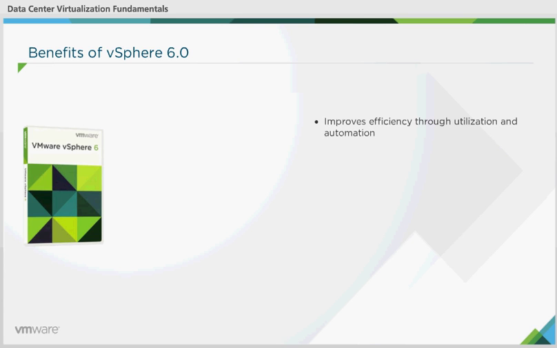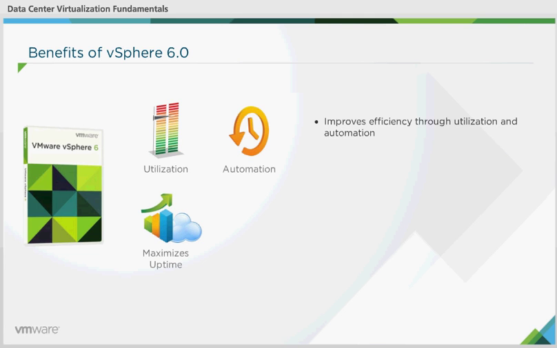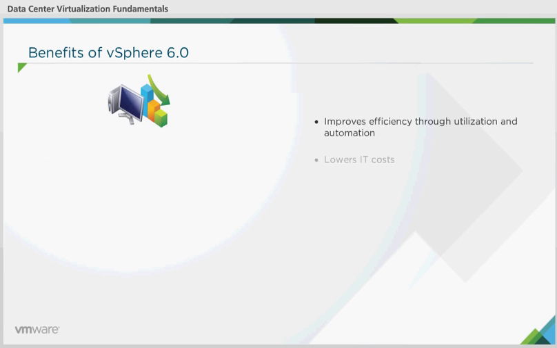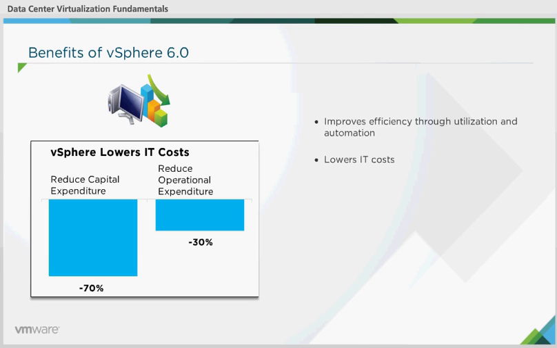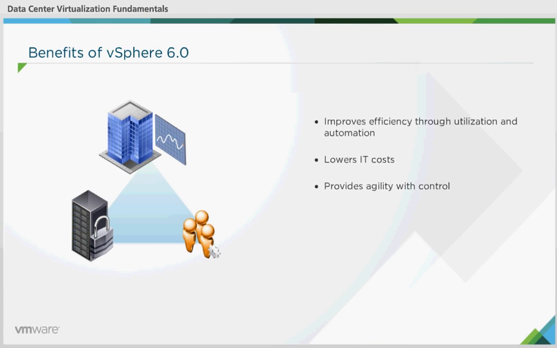vSphere 6.0 improves efficiency through utilization and automation, maximizes uptime across your cloud infrastructure, reduces unplanned downtime, and eliminates planned downtime for server and storage maintenance. vSphere 6.0 also helps greatly lower IT costs, reducing capital expenditures by up to 70% and operational expenditures by up to 30% for each application running on vSphere. vSphere 6.0 provides agility with control and allows quick response to changing business needs without sacrificing security or control.